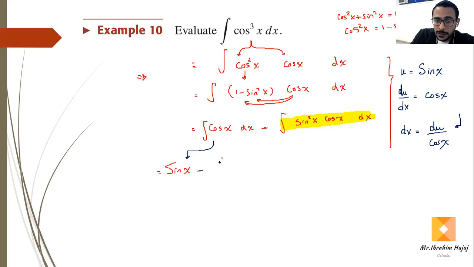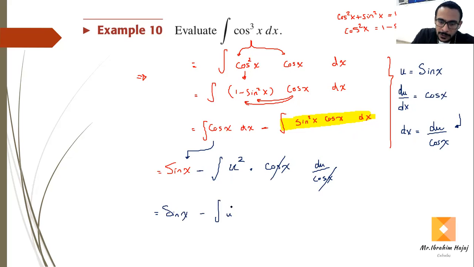Now the integral of sine squared x we can rewrite as u to the power of 2 times cosine x, replacing dx with du over cosine x. Cosine cancels with cosine. Sine x, write it the same. Then we just have to find the integral of u squared du.